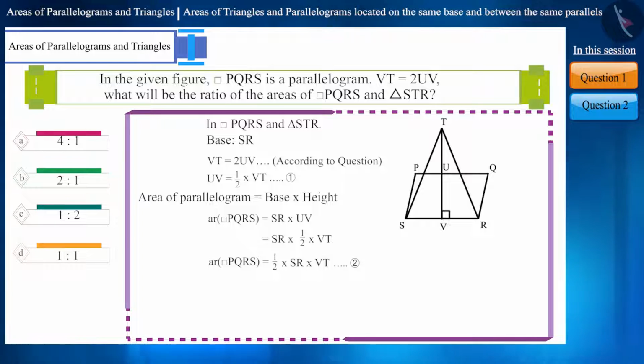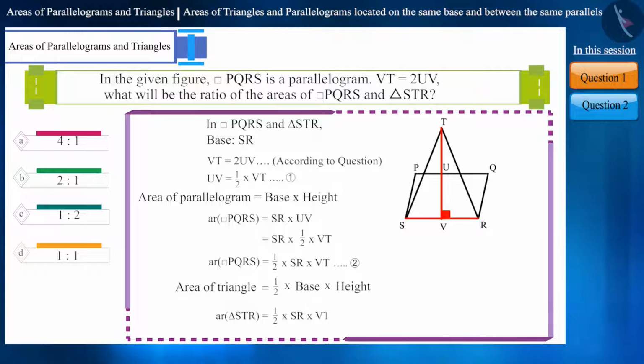Now let's talk about the area of triangle STR, whose base is SR and height is VT. We know that the area of a triangle is half multiplied by base multiplied by height. Now, we will substitute the values of base and height in this formula. Let's call it equation 3.